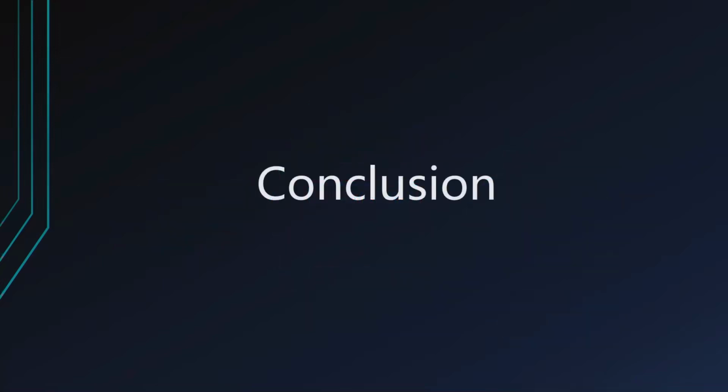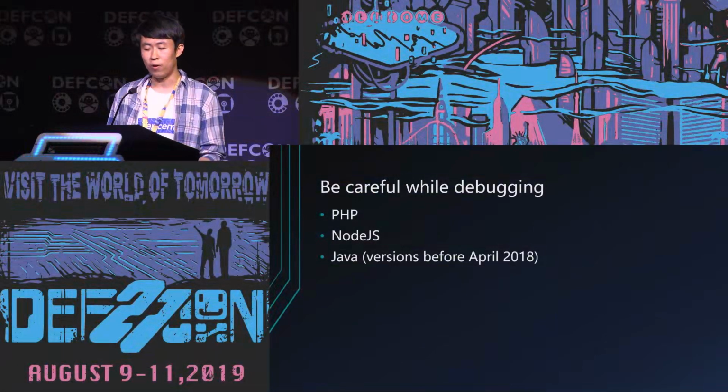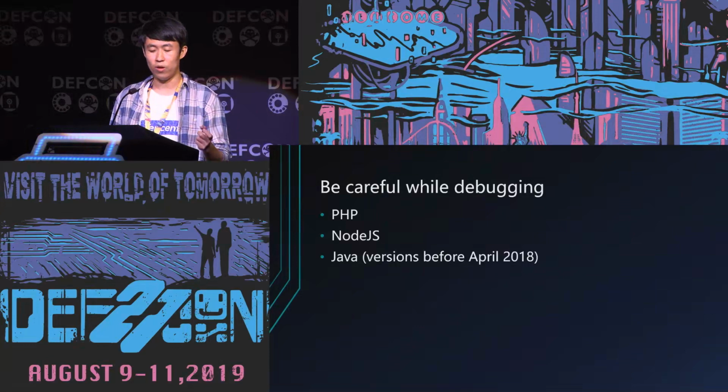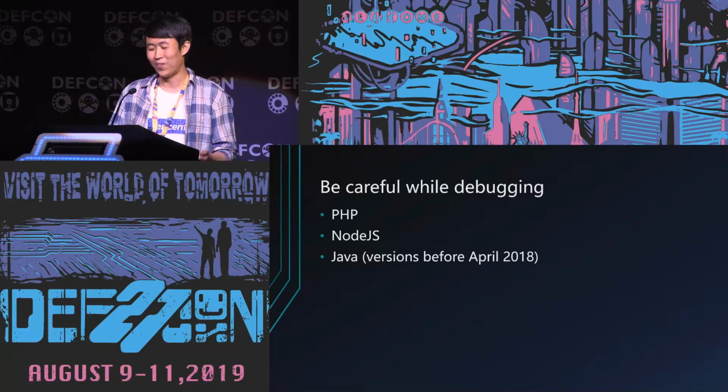So here we come to the end. If you are a developer, just be careful while debugging PHP, Node.js, or some older versions of Java. You may have a calculator popped up on your desktop.